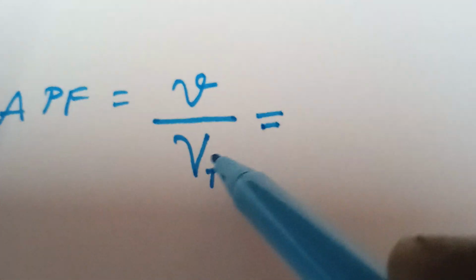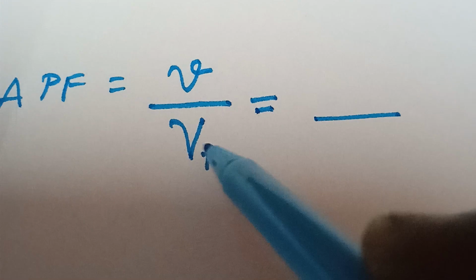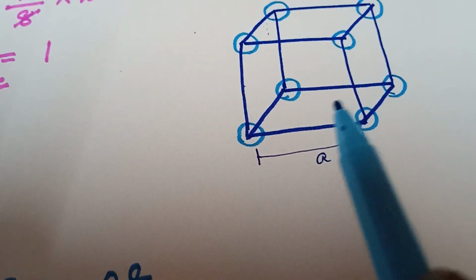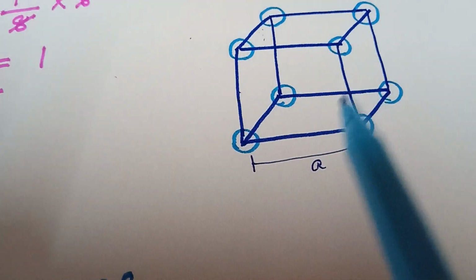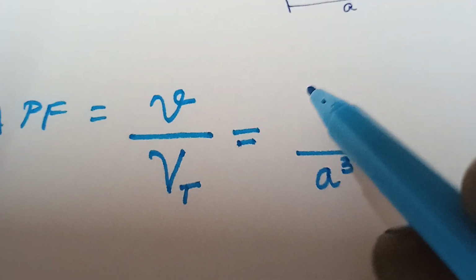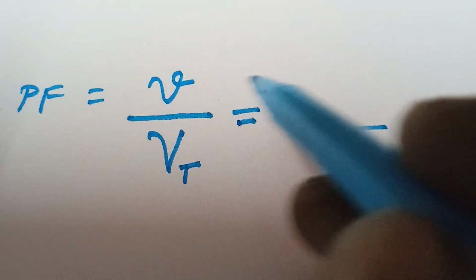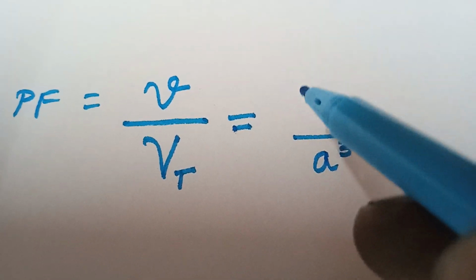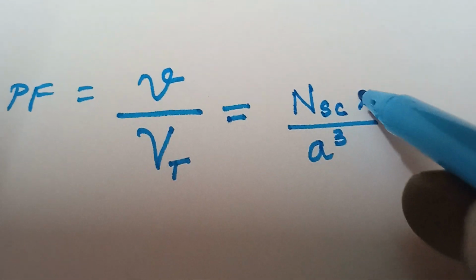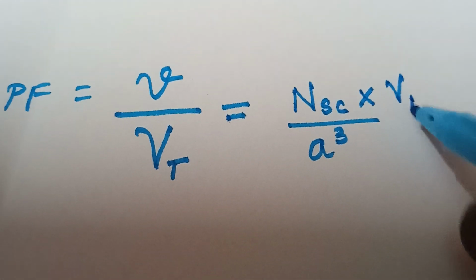For the total volume of the unit cell in the denominator, since it is a cubical structure and A is the side of the cube, the volume is side into side into side. Therefore A cube is the volume. The volume of the atoms present in the unit cell is the number of atoms present in the simple cubic crystal structure, into the volume of one atom.